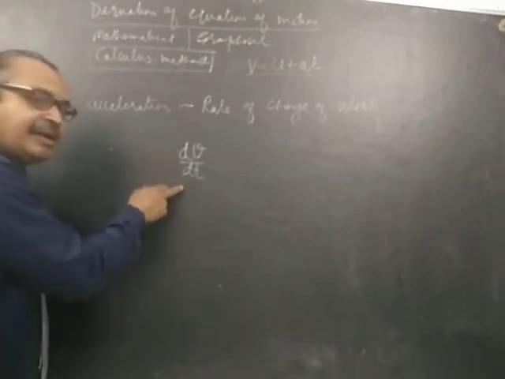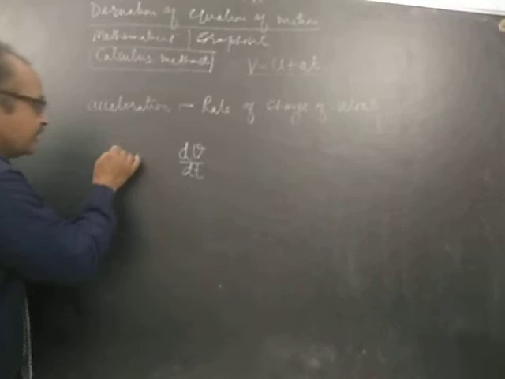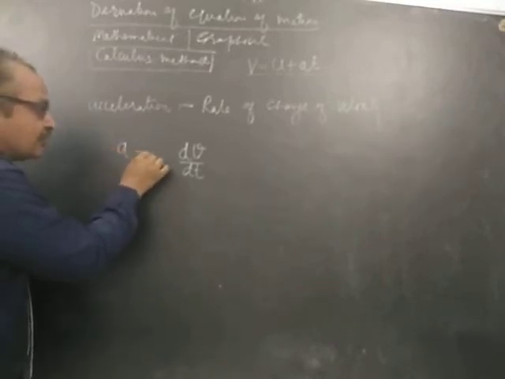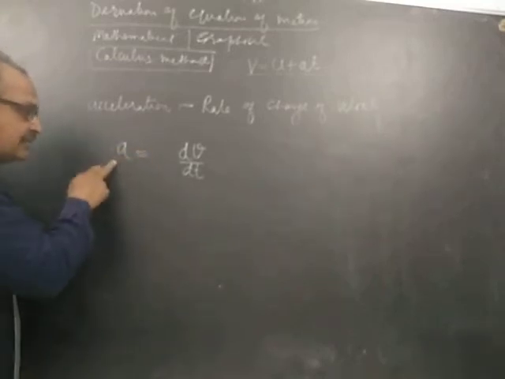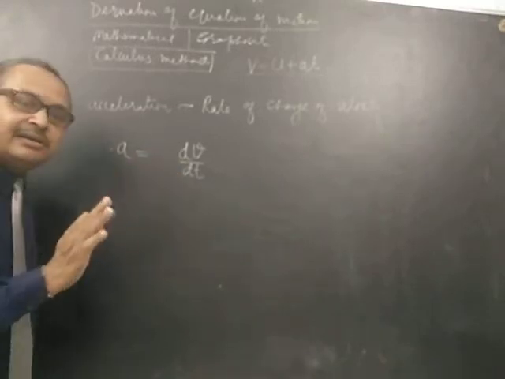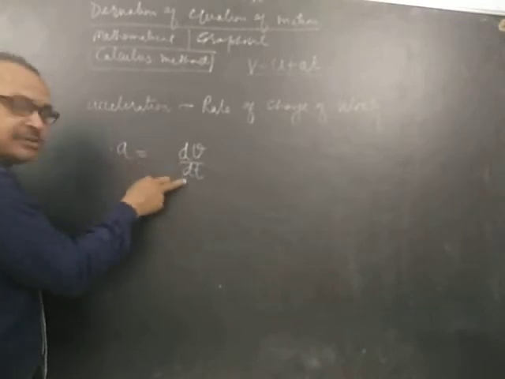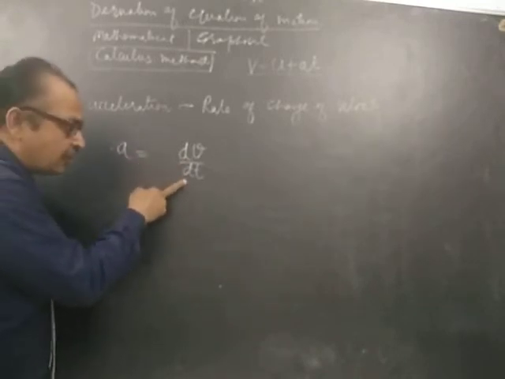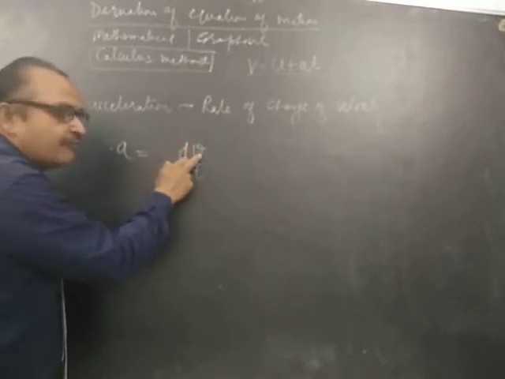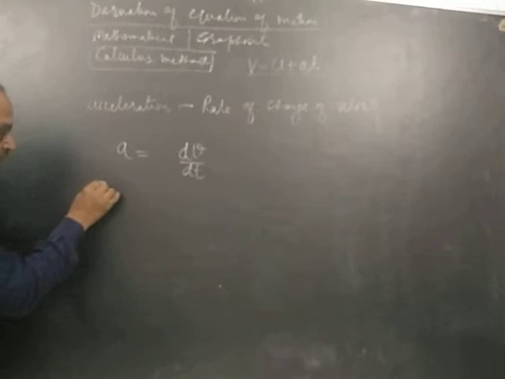So acceleration a is equal to dv by dt. Acceleration is the rate of change; dv by dt is the rate of change of velocity. Is it clear?